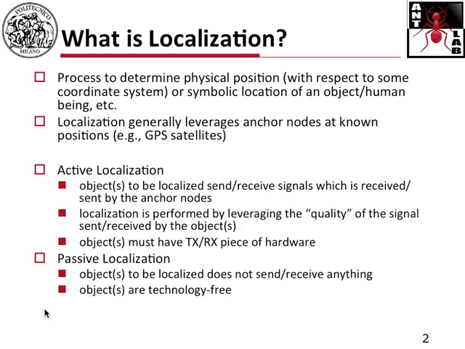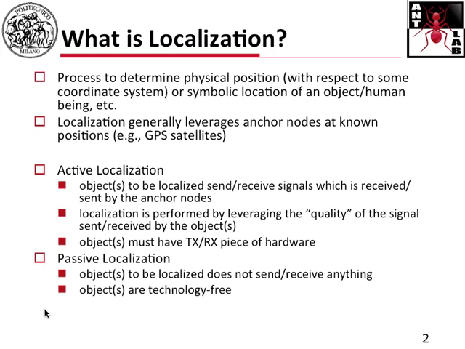So in an active localization system, something sends a signal to the anchors or vice versa, and depending on the quality that these signals have at the anchor nodes or at the receiver, the localization system can infer the position of the client which is moving. That's again a very general, building-block definition of a localization system. We'll see what quality means, what kinds of anchor nodes we have, and so on. Clear?